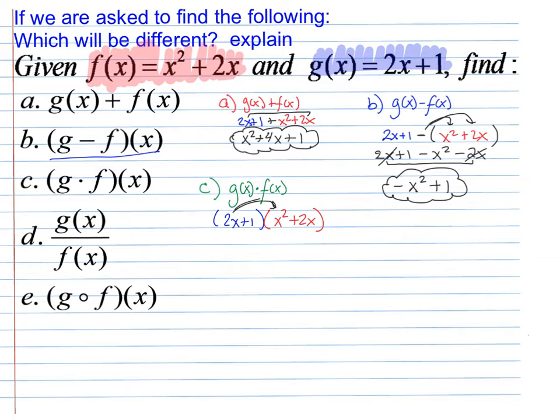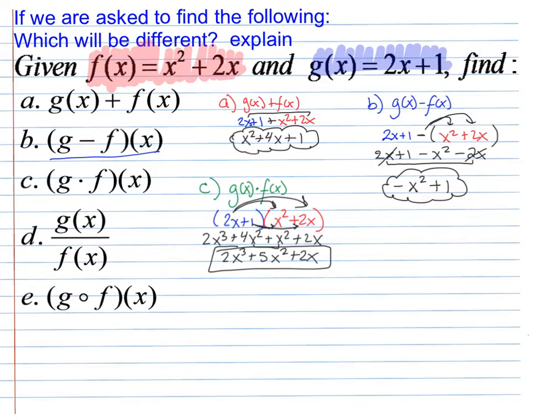So this times that, you should get 2x cubed plus 4x squared. This one times that one, plus x squared. This one times that, it is 2x. You're going to combine your like terms and simplify. So you have 2x cubed plus 5x squared plus 2x, and this is your final answer for C.